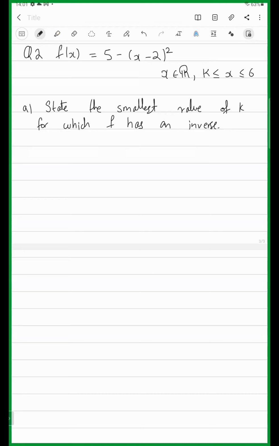Now I'll explain the question and then we will discuss, okay? F of x is 5 minus x minus 2 whole squared. Then we have the domain, and the domain says every number that is between k and 6. When I say every number, I mean when we talk about integers, we only have the whole numbers, right?